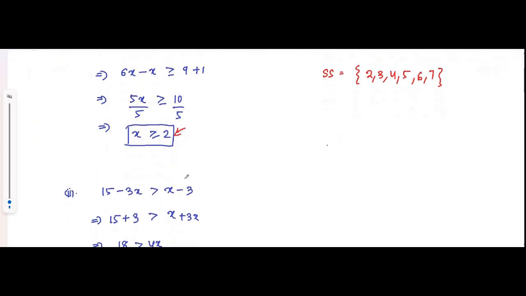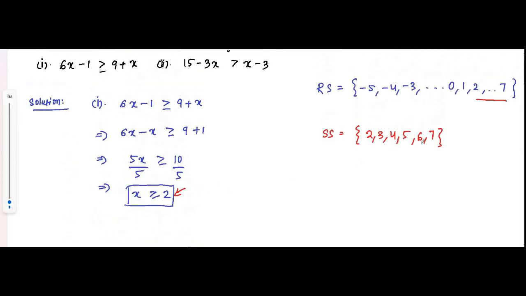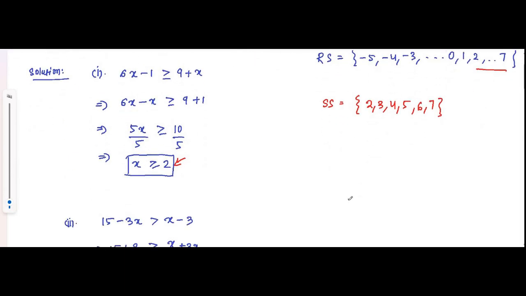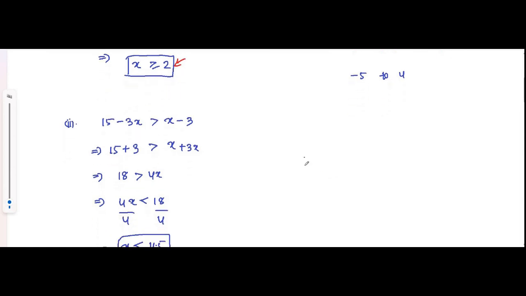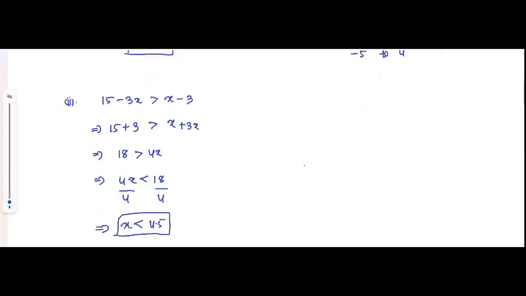So lesser than 4.5, so it means from minus 5 to 4. All the numbers including minus 5 and 4, they are the solution set. So in this case, the solution set is minus 5, minus 4, minus 3, minus 2, minus 1, 0, 1, 2, 3, 4.